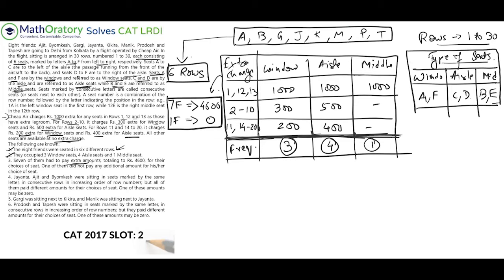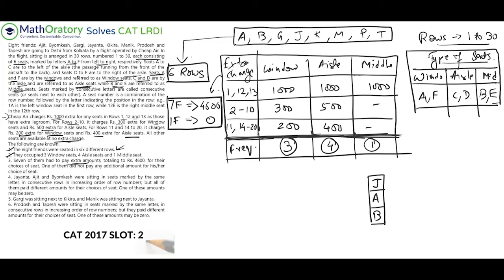Now looking at point number 4 here. Giant, Ajit, and Bomkesh. So we have J, A, and B sitting in seats marked by the same letter. Same letter is same column, but in consecutive rows, one after the other, in increasing order of row number. So it has to be something like J followed by A followed by B, in the same column.